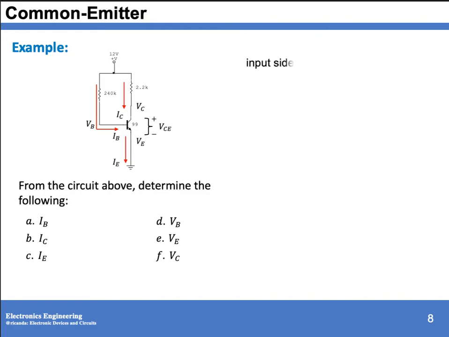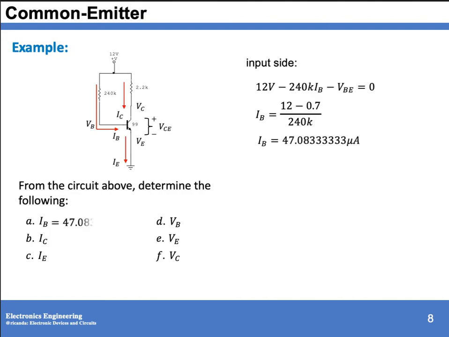So at the input side, we have 12 volts minus 240 k IB minus your voltage potential between your base emitter, and that is equivalent to 0.7. So we have IB equals 12 minus 0.7 divided by 240 kilo ohms.